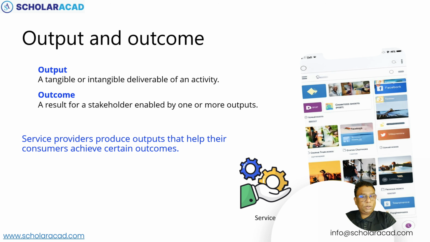So the result, whether your SLAs are met or customer satisfaction is high, that is your outcome. So an outcome is the result for a stakeholder enabled by one or more outputs. Your outcomes are always generated from outputs, where the service provider produces outputs that help their consumers achieve certain outcomes. So as a service provider we focus on the outputs, whereas the consumer focuses on the outcomes.